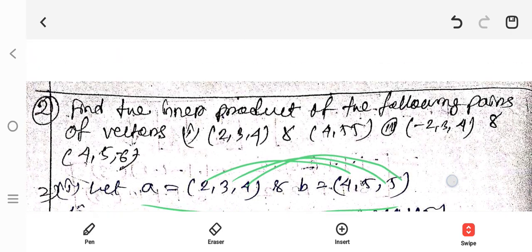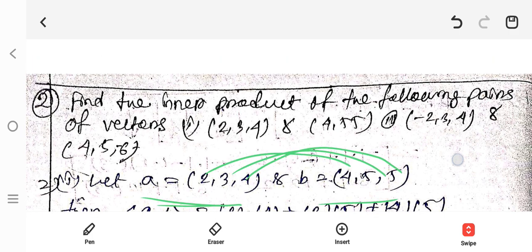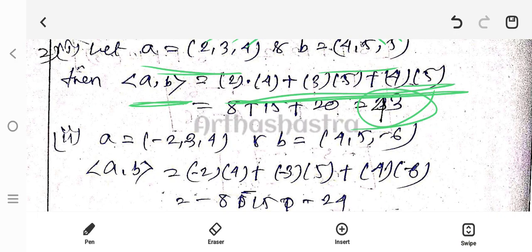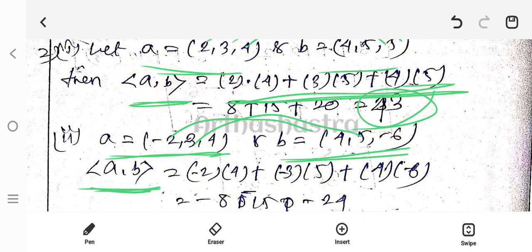For our second question, let vector a represent this and vector b represent this. Then the inner product of a and b will be multiplying the corresponding elements: minus 2 times 4 plus 3 times 5 minus 3 times 5 plus 4 times minus 6.